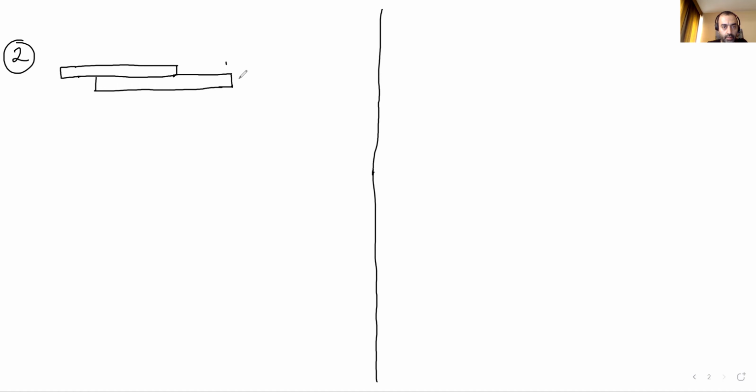I don't have the answer to this question. We are going to solve it together. I have the question but don't have the answer. No worries, we can do it. 8 millimeter, here is the 10 millimeter.